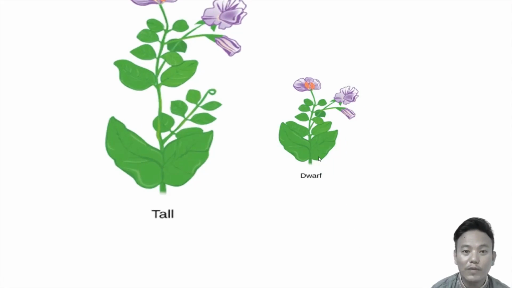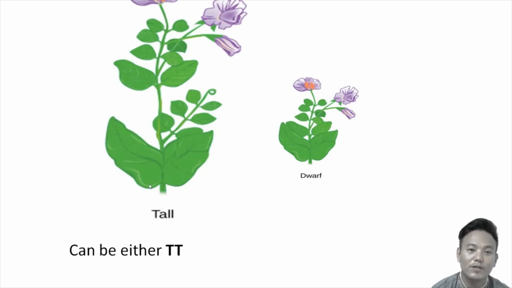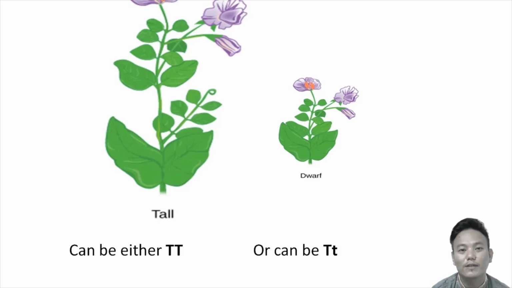However, for the tall pea plant, there are two possibilities for its genotype. It can be either two capital T's, that is two dominant alleles, or it can be a capital T and a small t, that is one dominant allele and one recessive allele.